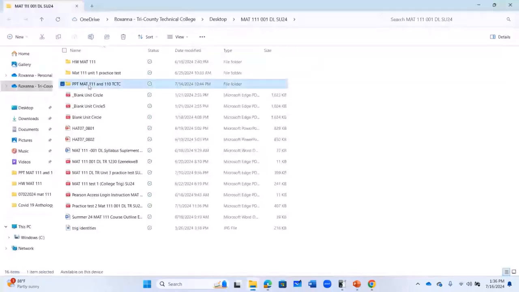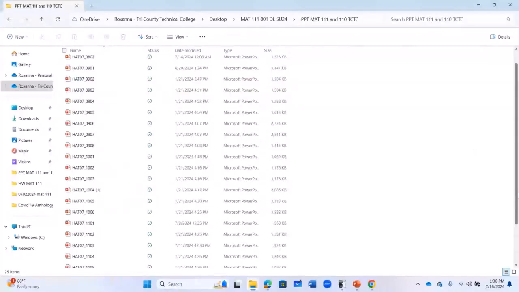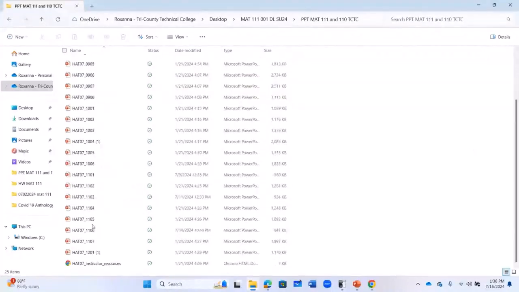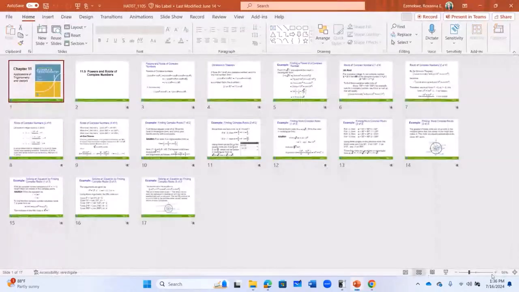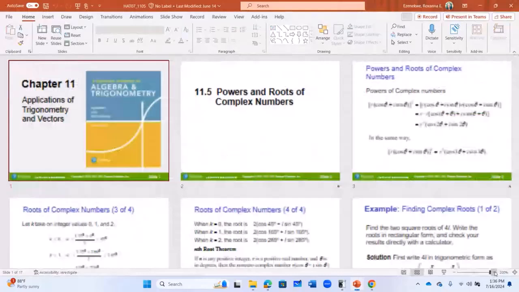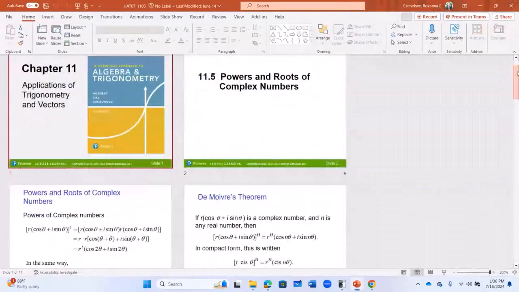So quickly to 11.5, just see an example, and then be able to do the Moivre's theorem, powers of complex numbers, roots of complex numbers. Okay, and I'm going to just get to where it is without going through one by one. Okay, and I think there are some parts.